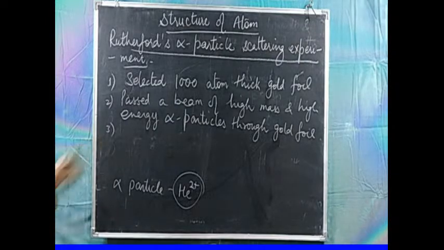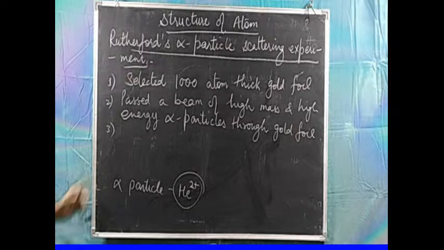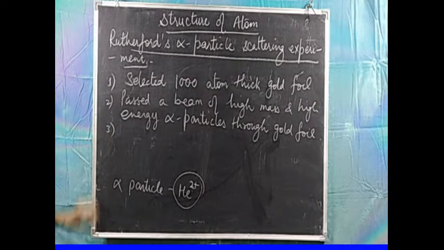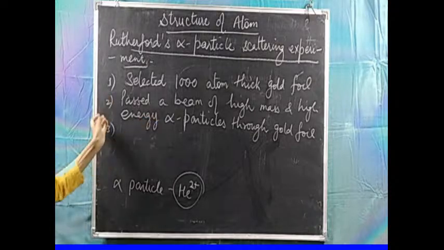And he expected that alpha particles would be deflected. They are very heavy, they will strike the gold foil and will come back in different directions.